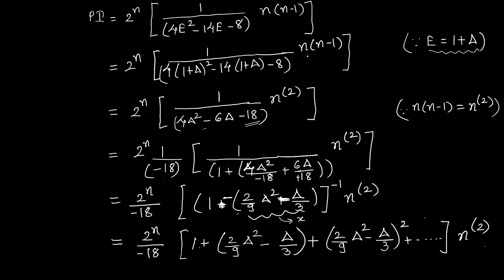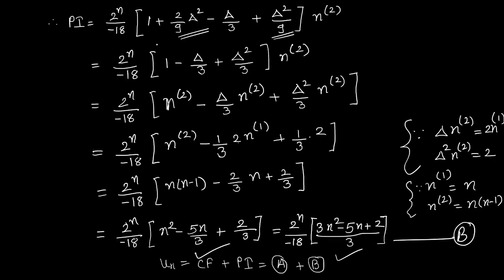Here n into n minus 1, we convert this in terms of factorial notation. Therefore, n to the power 2 factorial. Therefore, we consider the terms up to del square. We simplify the terms, combine the terms of delta and del square, and then n to the power 2 factorial is operated on by each term. And delta is equivalent to the differential operator.